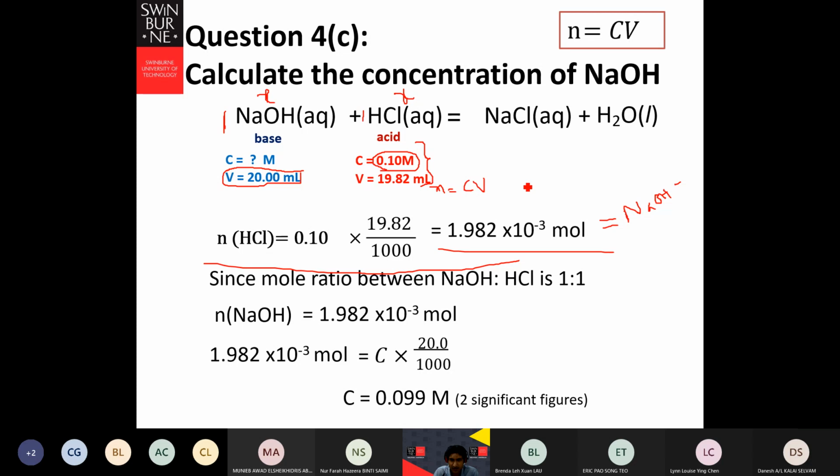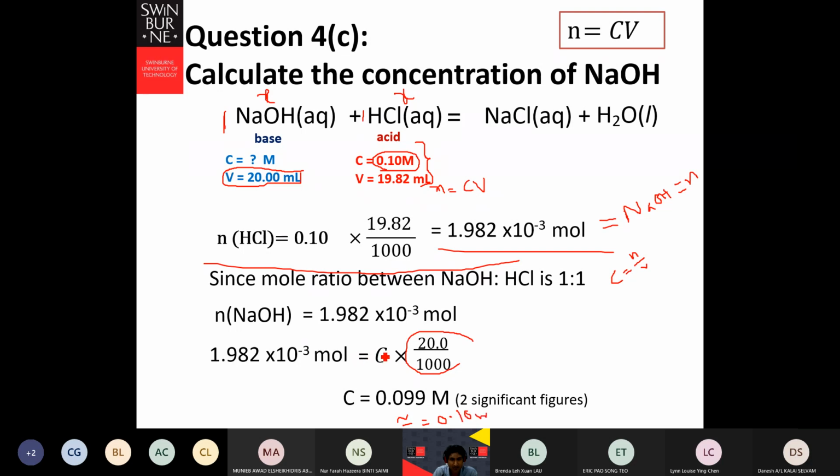Since we know the number of moles of sodium hydroxide, and it is in 20 milliliter, again C is n over V. We have to convert the 20 milliliter to liter, and then divide the number of moles by that figure, and that is why C is 0.099, or you can say 0.1 molar.